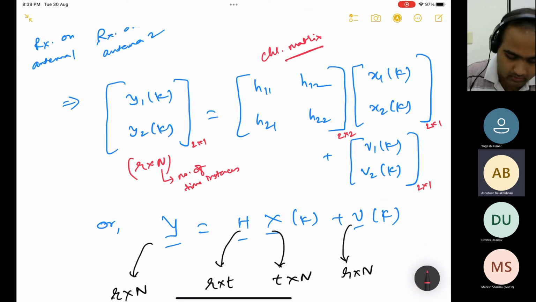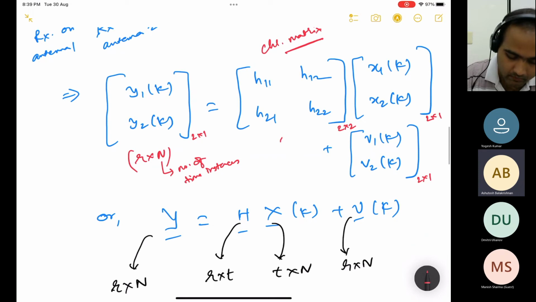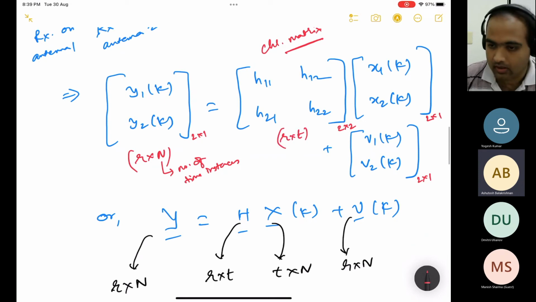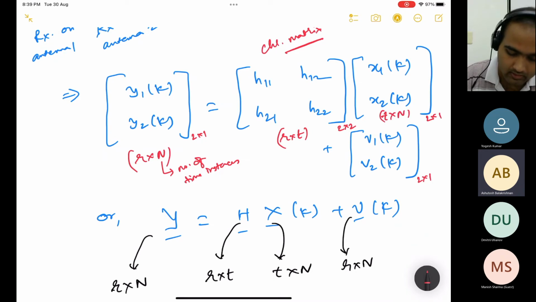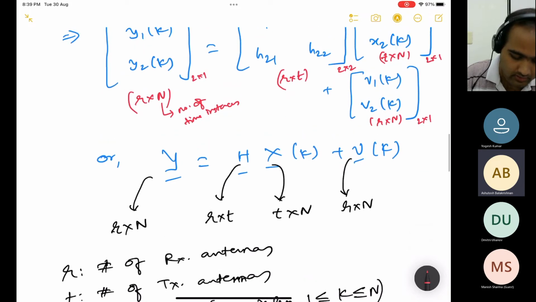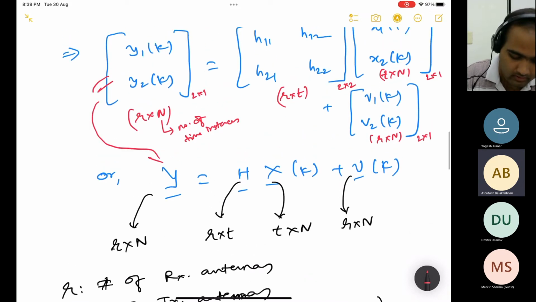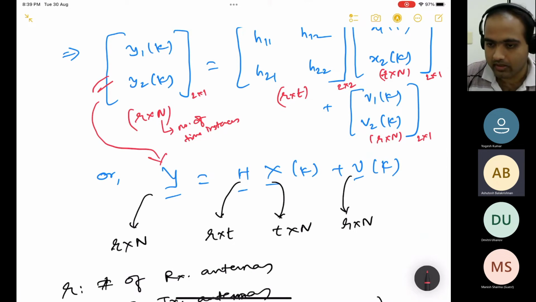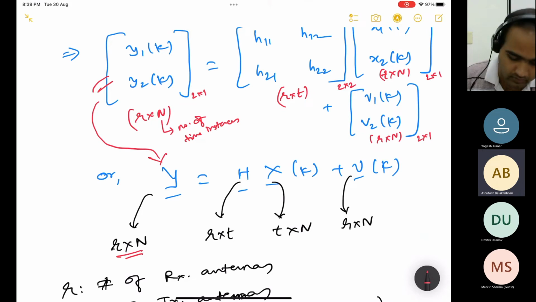Here we will have an R cross T matrix, where R is the number of receive antennas and T is the number of transmit antennas. Similarly, this will be a T cross N matrix, and this will be an R cross N matrix. We can represent this as a Y matrix of size R cross N, with R rows and N columns, so that each column corresponds to one time index.